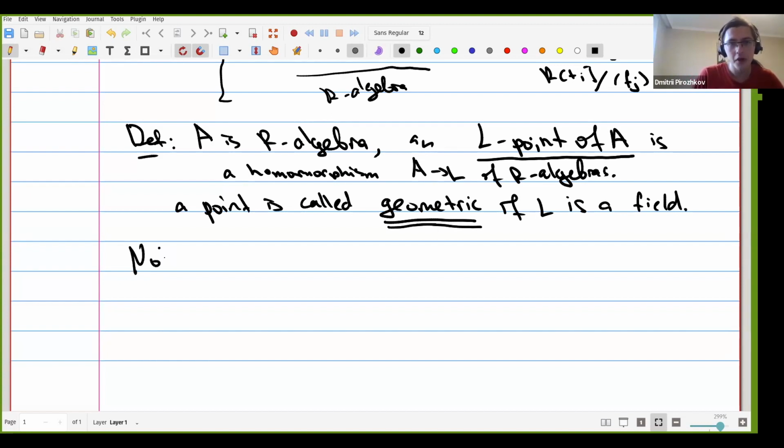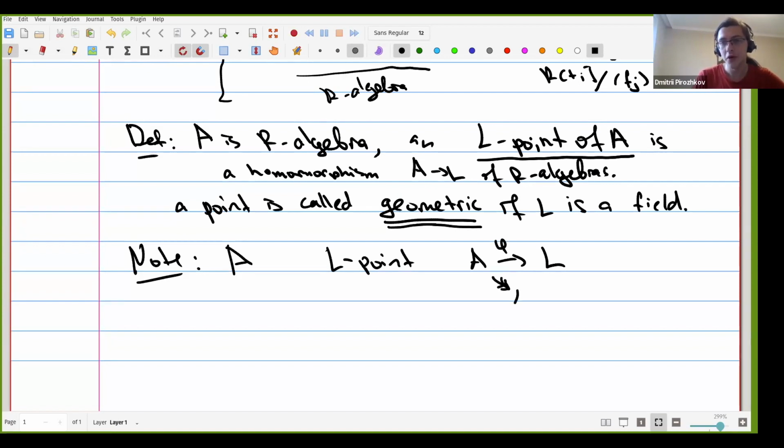So note that if we have this R algebra A and we have some other algebra L, then an L point is a homomorphism from A to L, but any homomorphism can be decomposed into, first you take the quotient by the kernel, and then you take an embedding of this image of phi, this part is also equal to the image of phi by the first homomorphism theorem about rings.